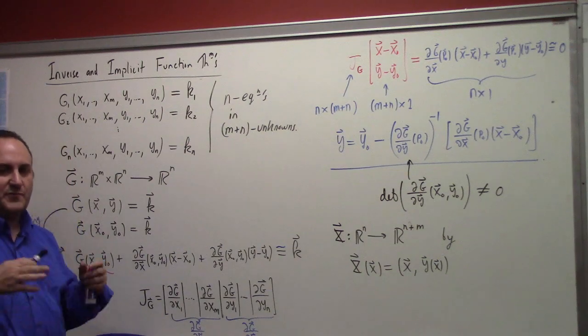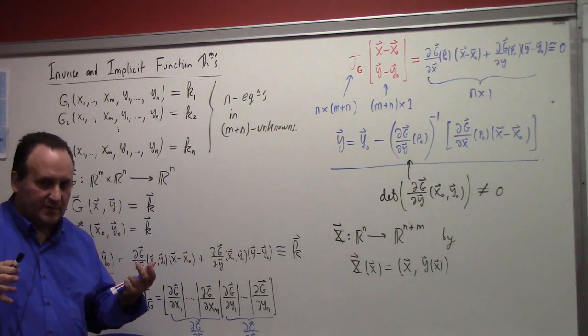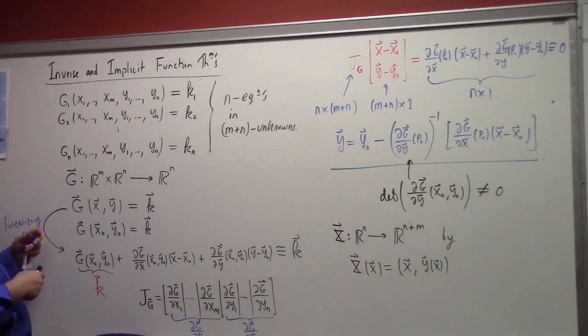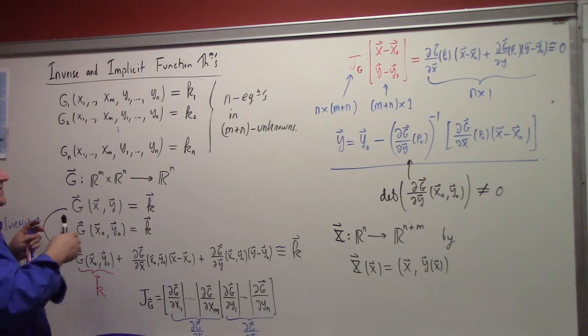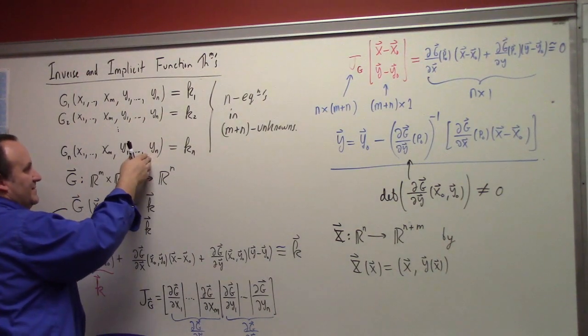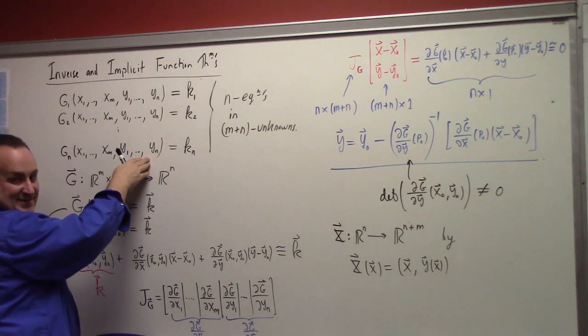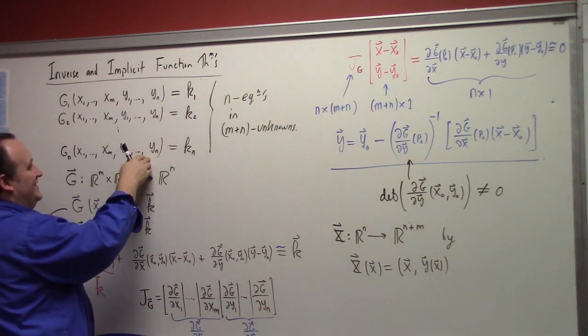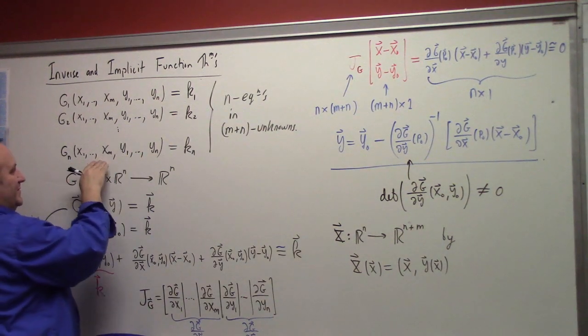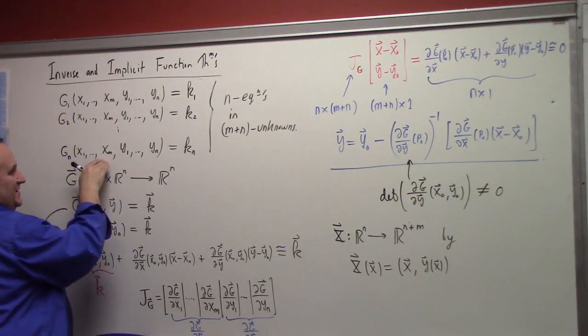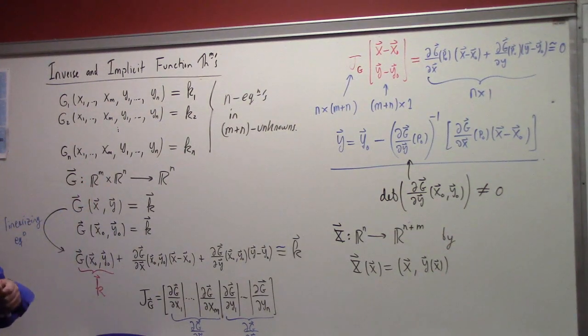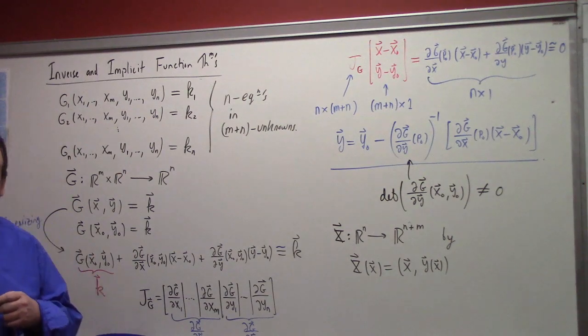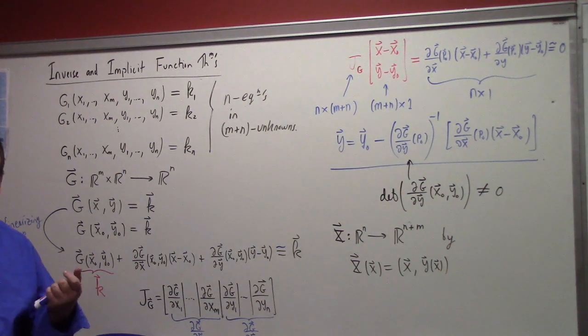Now, in this sketch of a proof, I've assumed that the variables we wish to make dependent are at the end of the list, and that the variables which are going to be the parameters, the independent variables in our implicit solution, are at the start of the list. But this is just a convenience of bookkeeping.